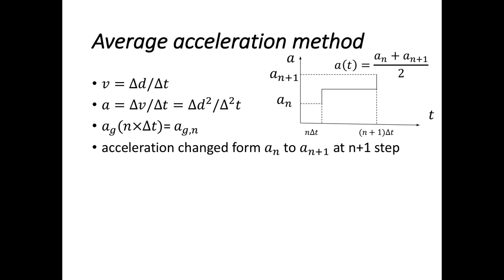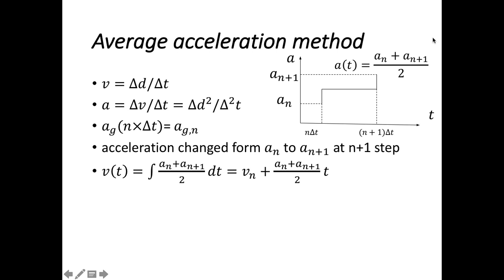Between them, we consider the velocity to be accumulated by the acceleration, where the acceleration here is the average of an and an plus 1.